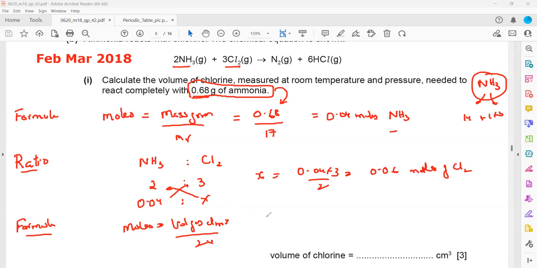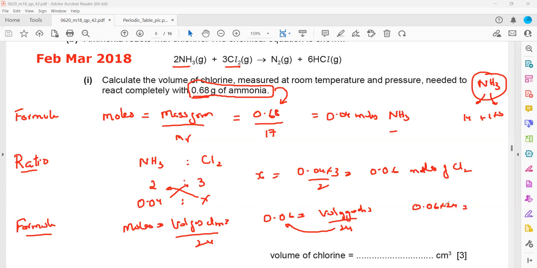We have the moles of chlorine, which is 0.06. The volume of the gas, we don't know, that is what we are finding, in decimeter cube, divided by 24. So 24 will be multiplied: 0.06 times 24. Since they asked in centimeter cube, we can multiply by 24,000 directly, or at the end, first I'll get dm cube and then convert. That's the same thing.